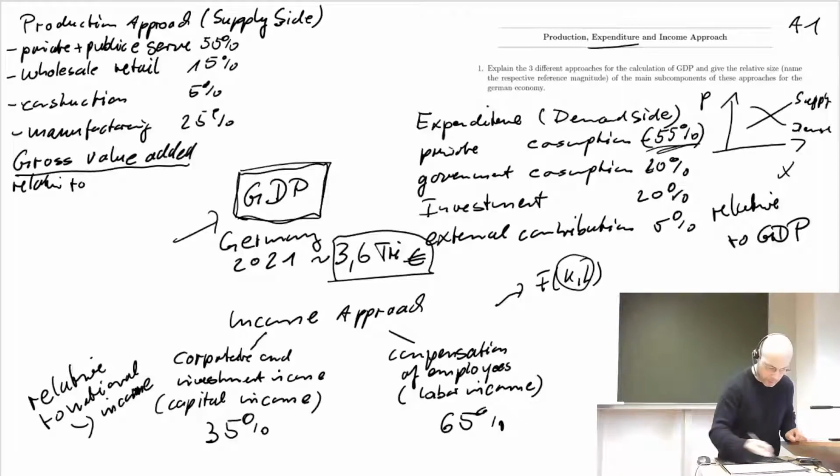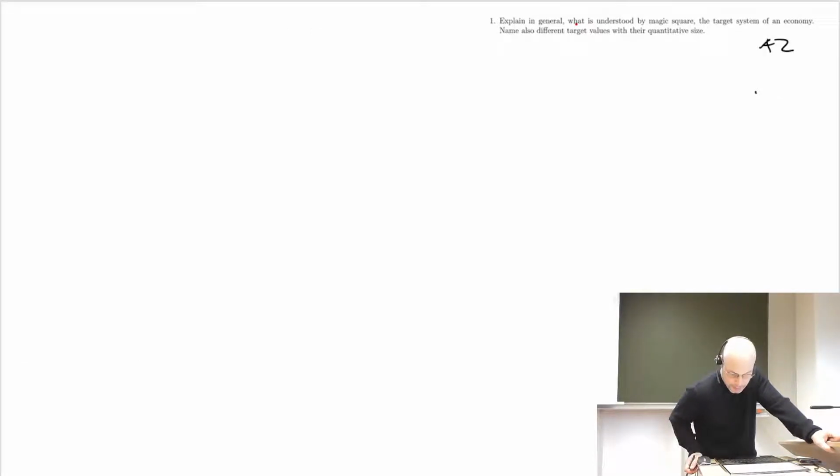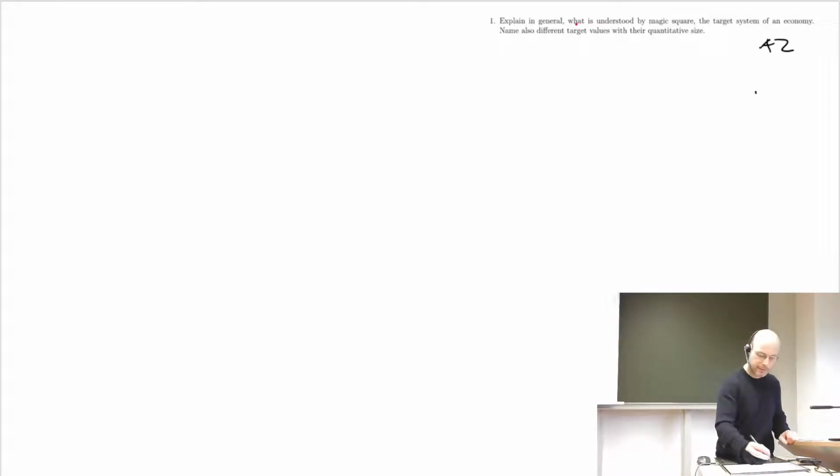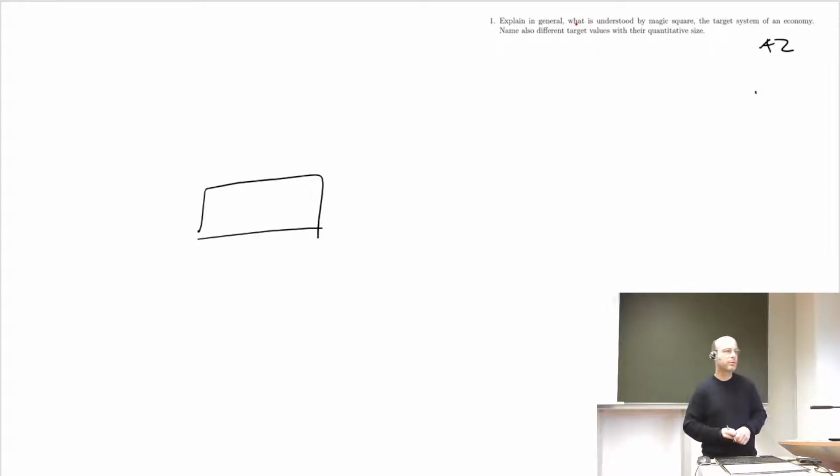So this was A1, I write down, okay. So explain in general what is understood by the magic square, the target system of an economy. Name also the different target values with their quantitative size. So at which 4 targets for Germany we have looked at. Also just have a look in your notes.